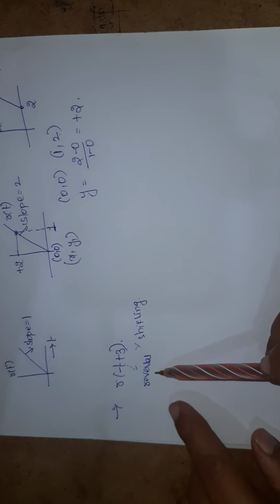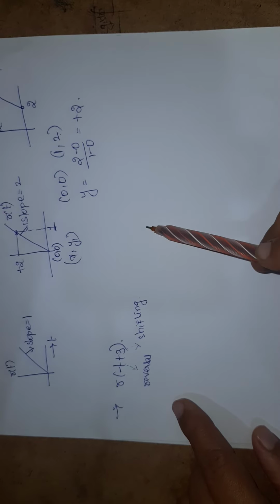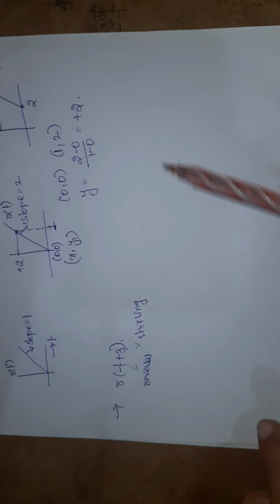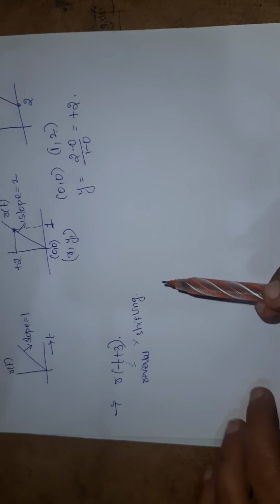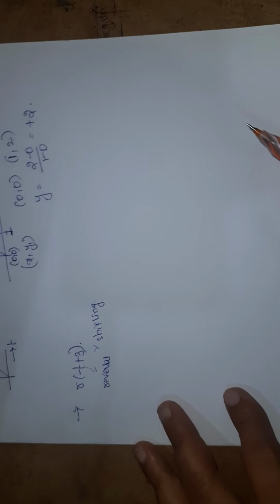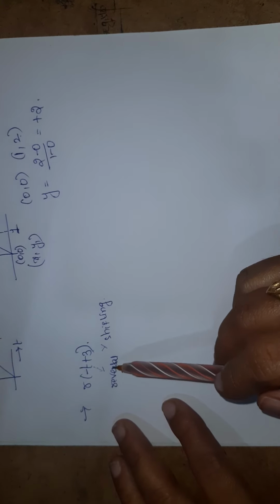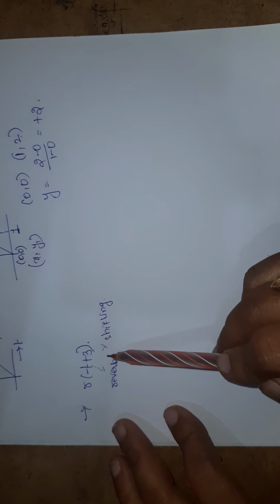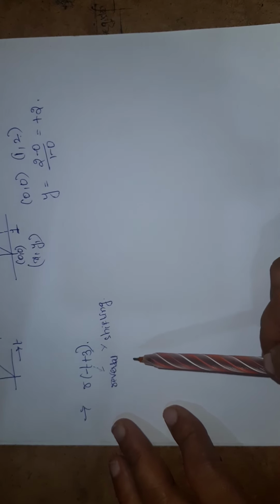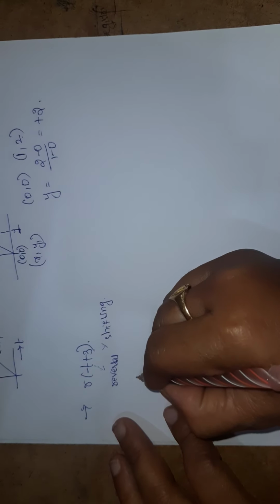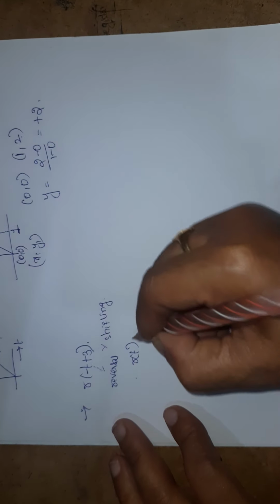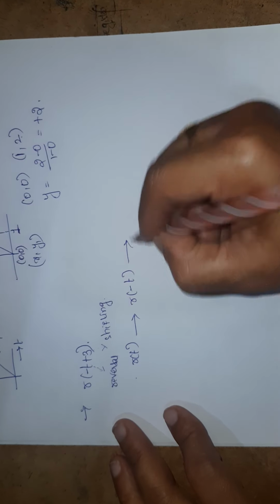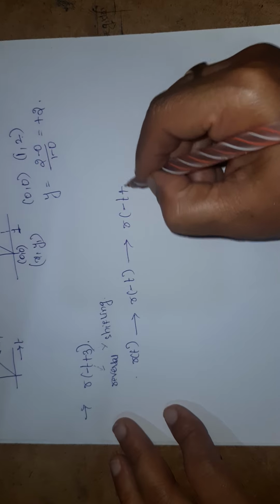If I do first reversal and next shifting, what is the signal I am getting? And we also see first shifting and next reversal, what is the answer we are going to see. I always prefer that to get the r of minus t plus 3 signal, first I will draw r of t, next I will go for r of minus t, then r of minus t plus 3.